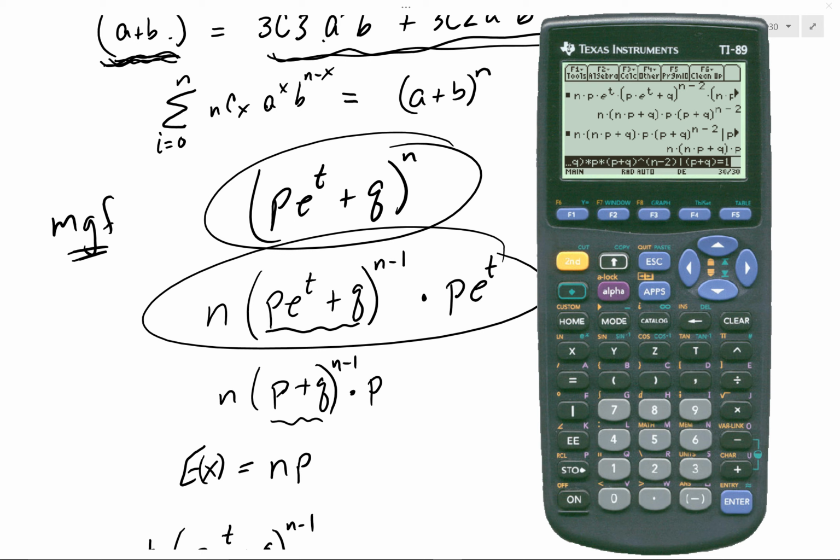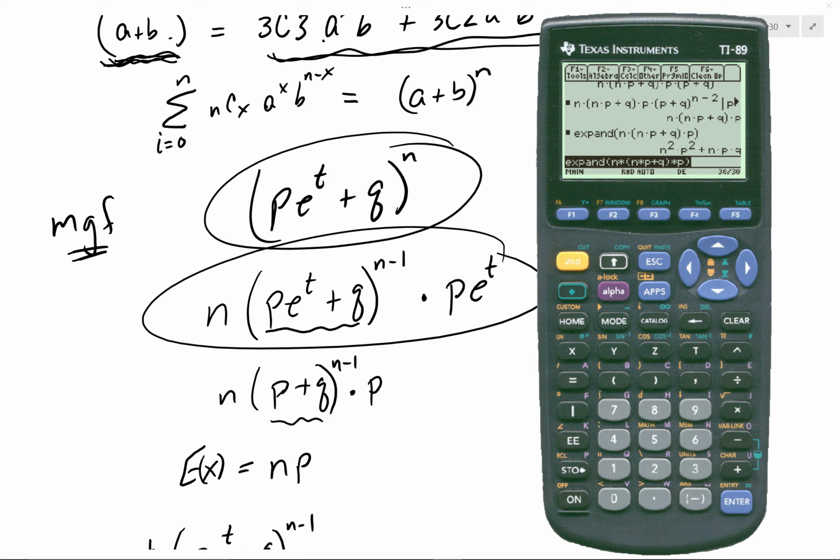And so what you could do then here is I think I could put in a 1 minus p where the q is and get some stuff to cancel out nicely there. Is that what I want to do? No, it's n squared p squared. No, that's actually what I wanted. N squared p squared plus npq. That's exactly what I want. Yay us. Okay. What you can do on this guy, if that bothers you, you can go to expand.